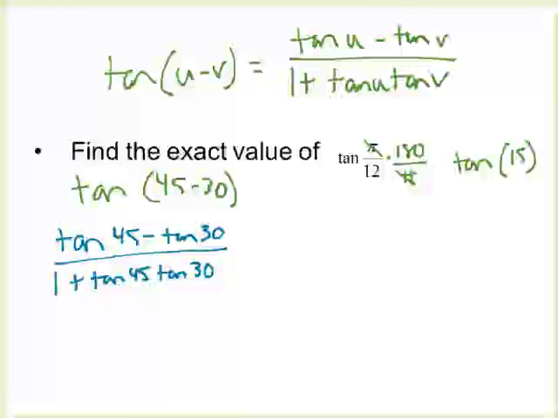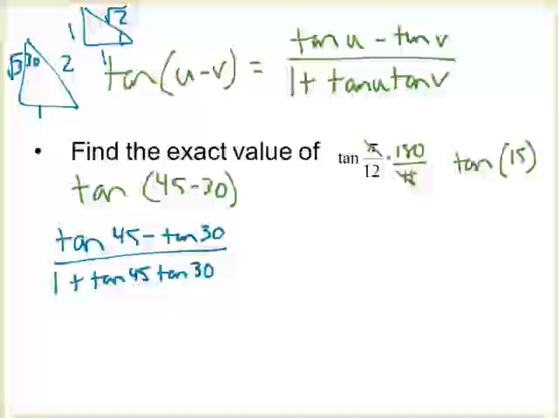So we need our same special triangles, 45, 45, 90, and 30, 60, 90. What's the tangent of 45? Remember, tangent is what for SOHCAHTOA? Opposite over adjacent. So in the 45, 45, 90, what do we get? 1 over 1, or just 1.